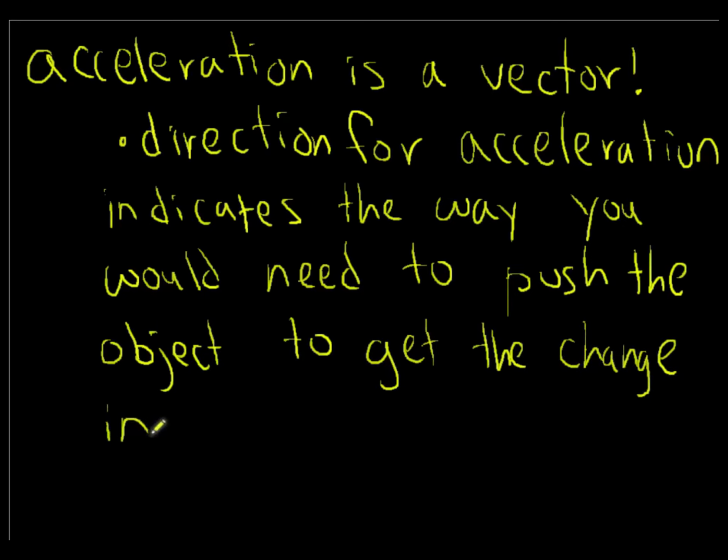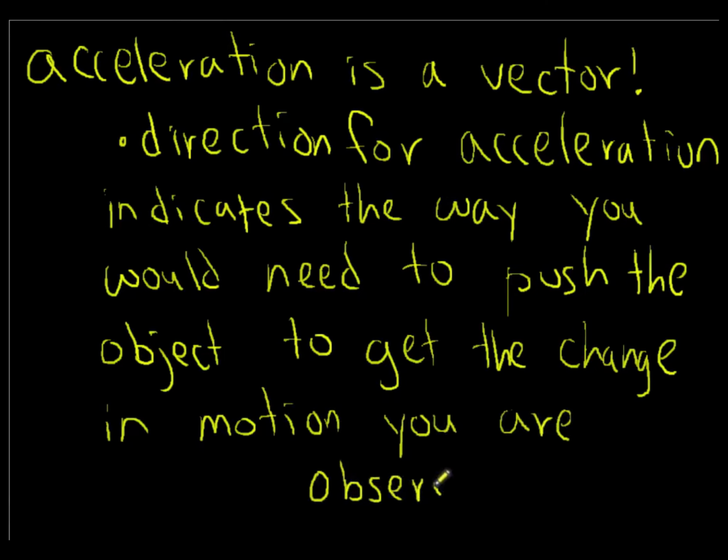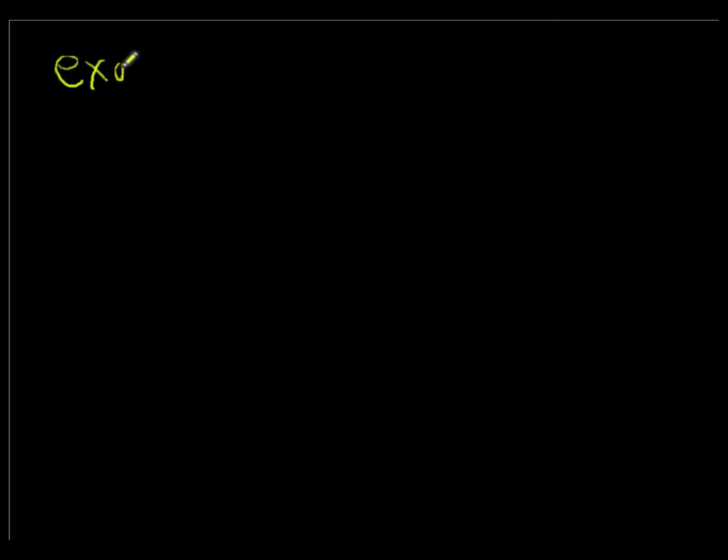For this reason, acceleration and force are very linked. So acceleration can be thought of as a push. Which way would you have to push it to get the change in motion?